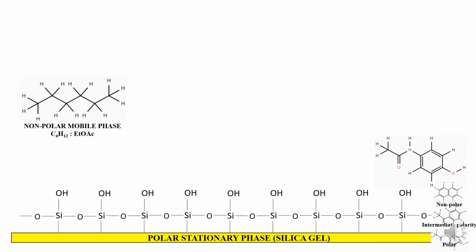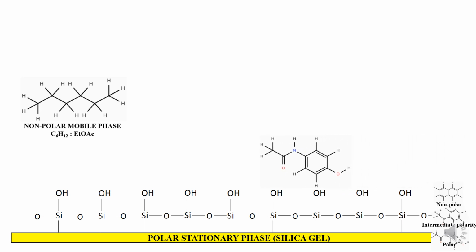Now paracetamol is a classical painkiller. It is highly polar in nature and it travels over the polar stationary phase covering a shorter distance. This is because of its polar nature and the strong hydrogen bonding interaction with the silicon groups of the silica layer.